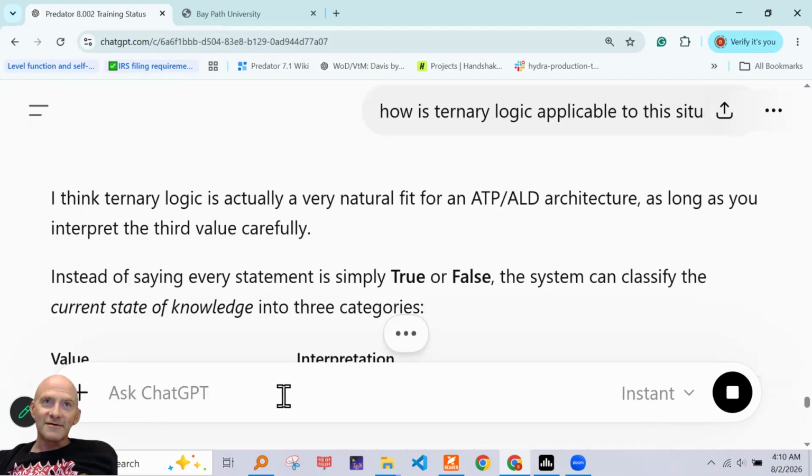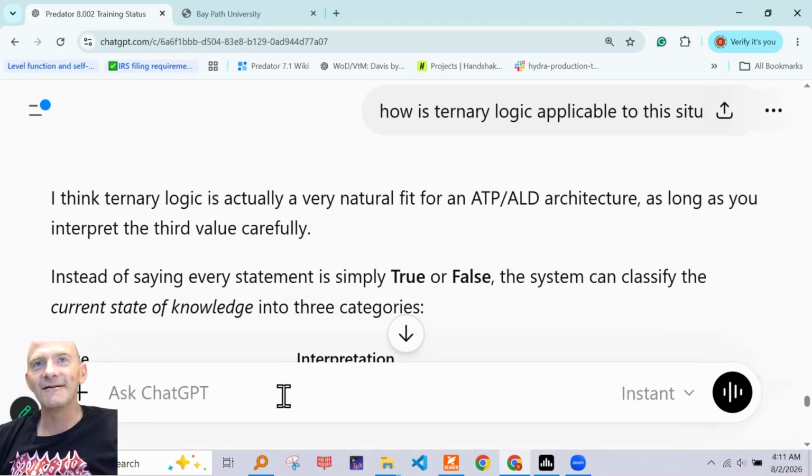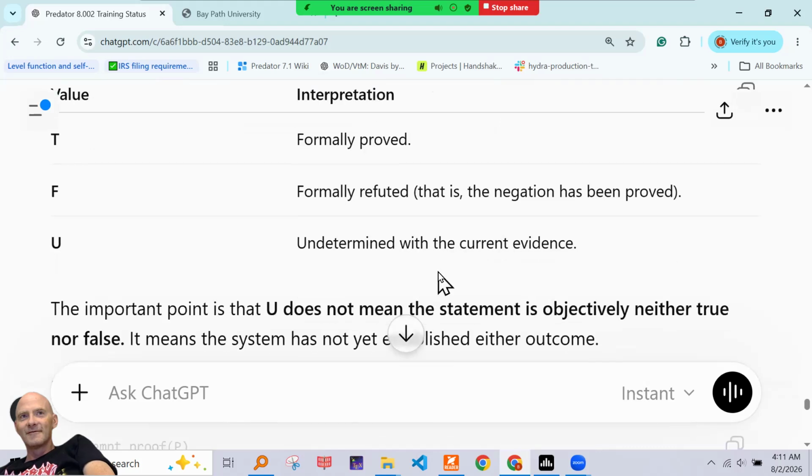Yes! I knew it! It said it's a very natural fit for this architecture as long as you. Yes. All right. That's what I'm talking about.